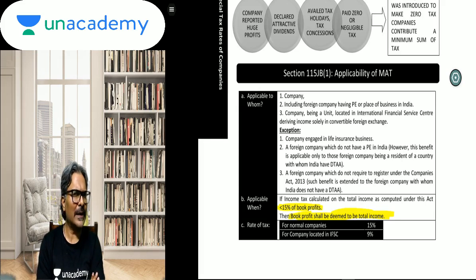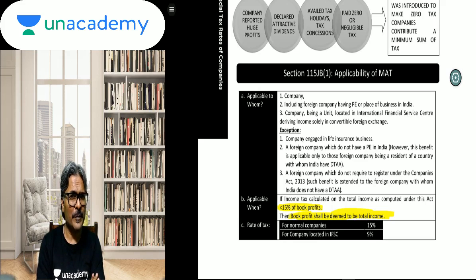You will have to calculate the normal tax as per the normal provision, the way we have been doing it so far, and now compare that tax with the MAT that we will be computing under 115JB. Now the question is, how do we go about the computation? The computation, students, will require first a base value.